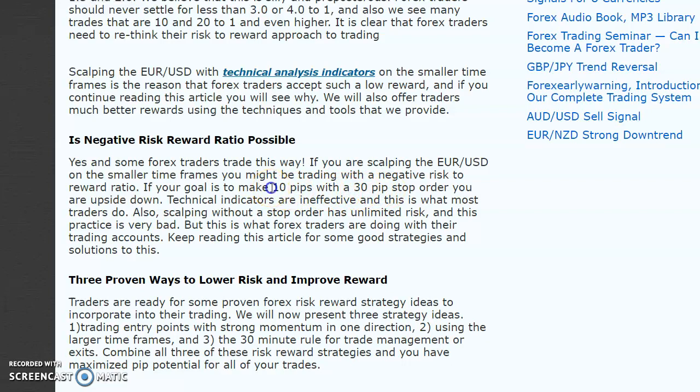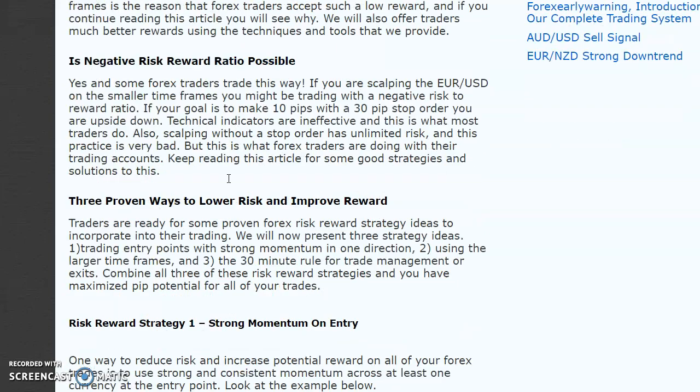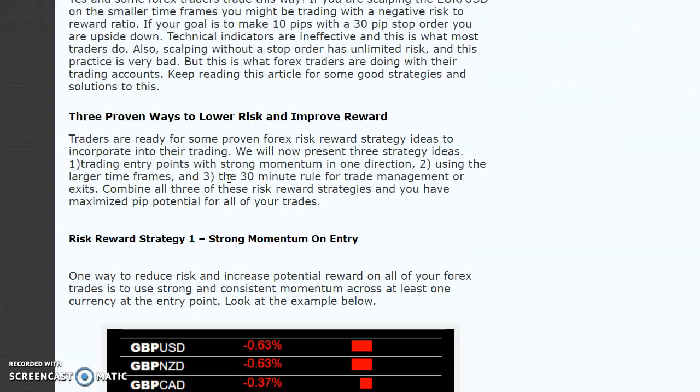This is very wrong, but it's very prevalent, because people are using technical indicators. They're scalping the Euro USD over and over again with really horrible, standard technical indicators, the Fibonaccis and the RSIs and all the junk that's out there. So let's talk about the right way to do it, trade after trade.